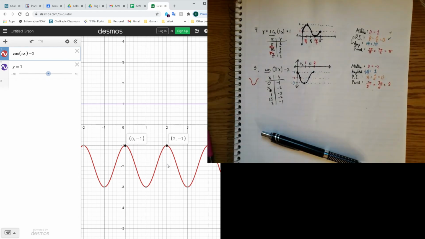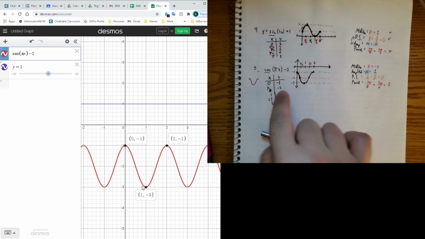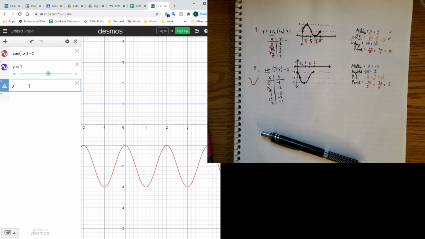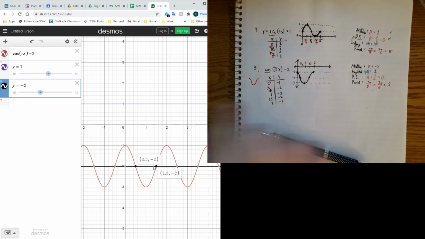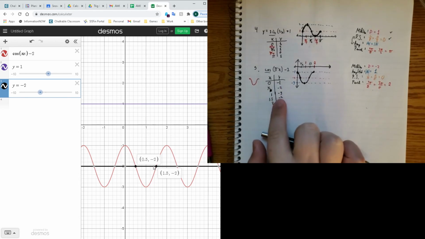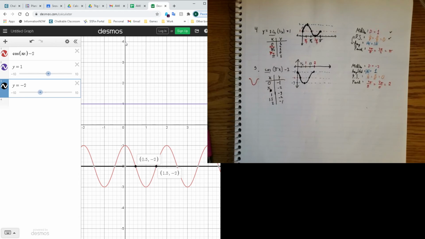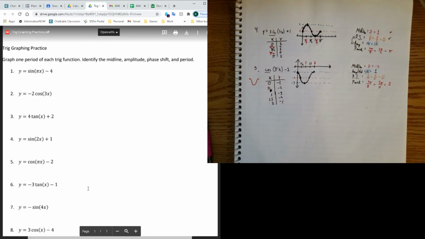Yay. Halfway in between, I'm at 1, -3. And then I can't really tell those other values, so I'm going to type in my midline, which is y equals -2. And see that, yes, in fact, at 1/2, it is at -2, and at 1.5, it is at -2. Both values we found manually using our picture. So there we go.